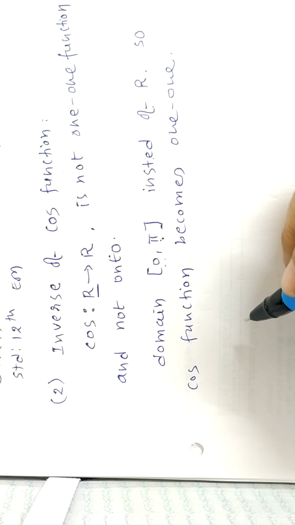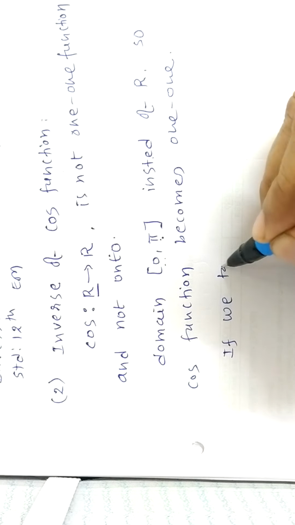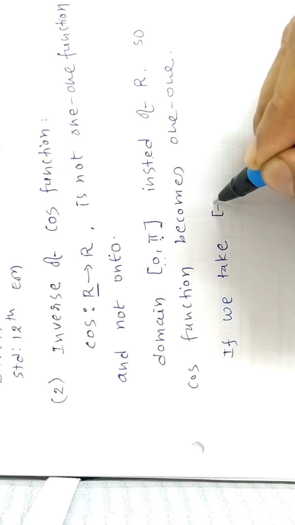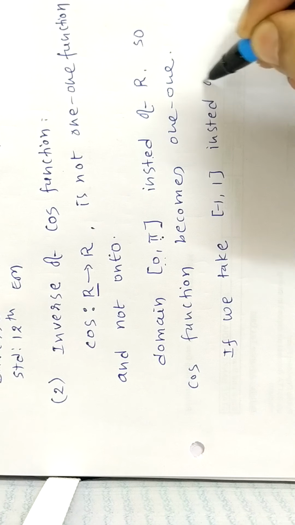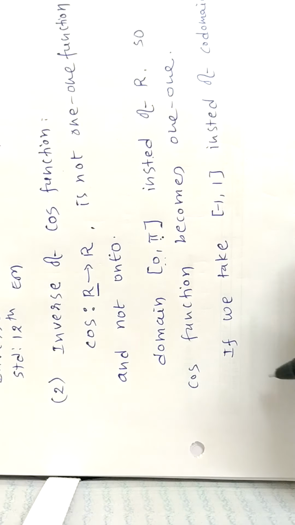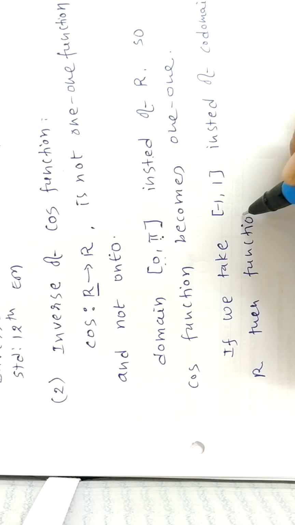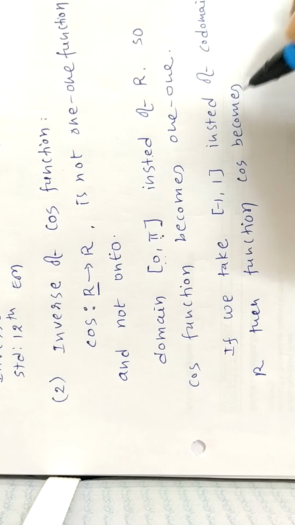If we take -1 to +1 instead of codomain R, then function cos becomes onto.